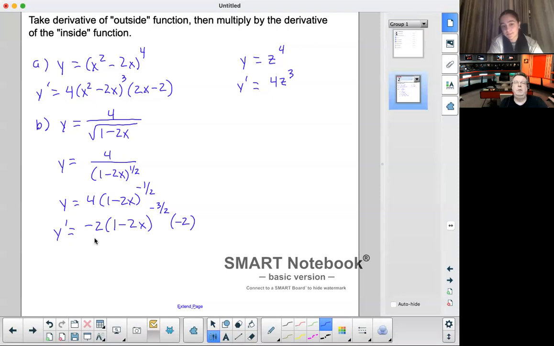So first thing I'm going to do to clean this up is -2 times -2 is 4. Is that okay? Yeah. Okay, and then we still have the pesky -3/2 to deal with. And it's real important, in addition to getting the full marks from showing it's equal to what we're going to get to, the reason you take a derivative is to plug in a value of x and evaluate it.